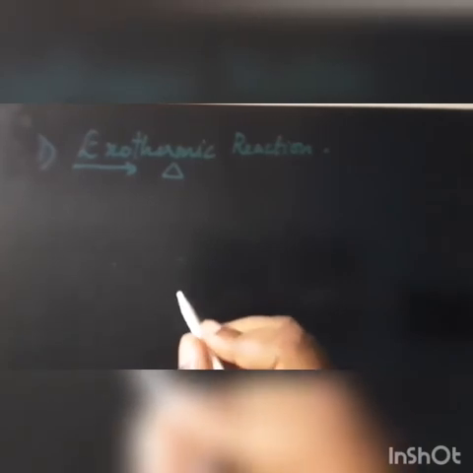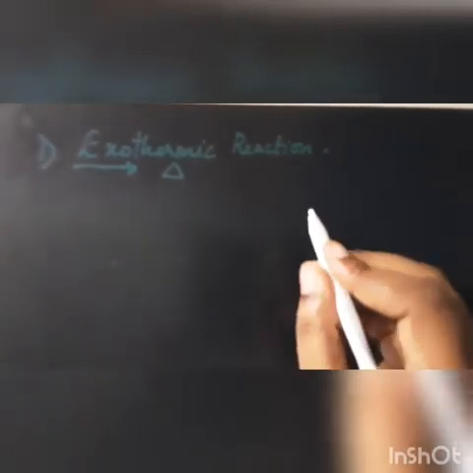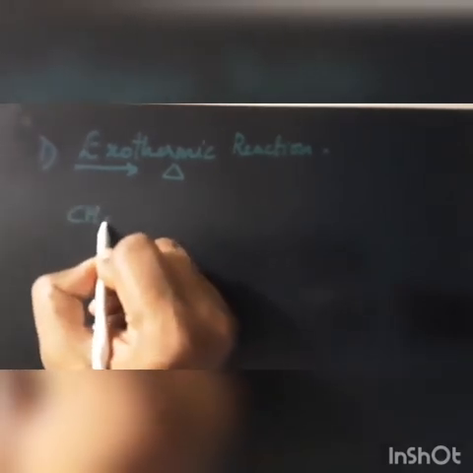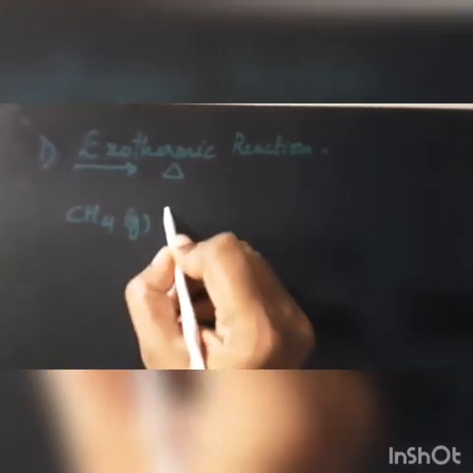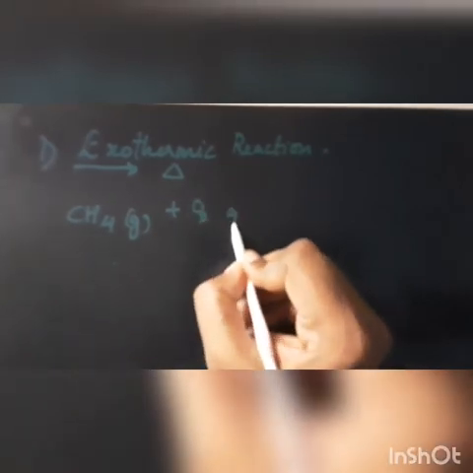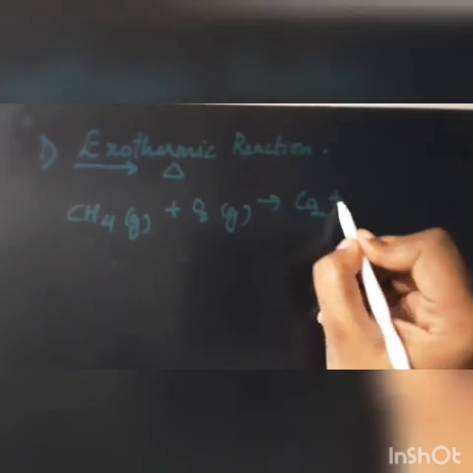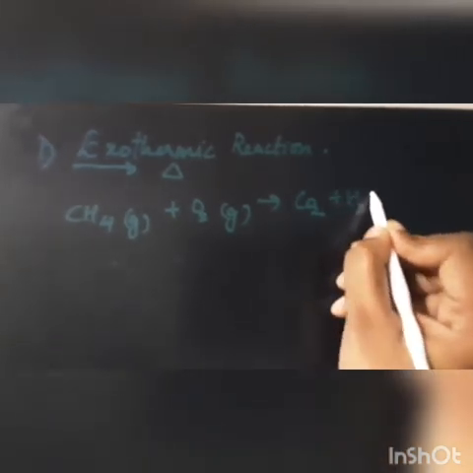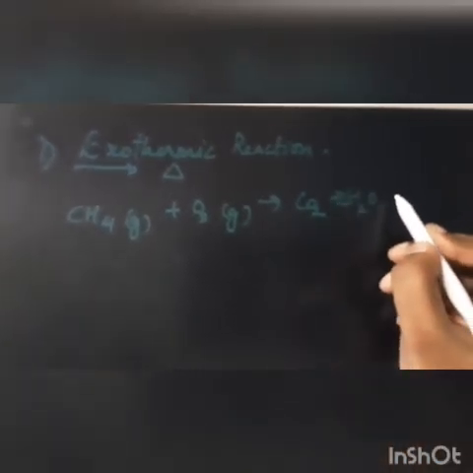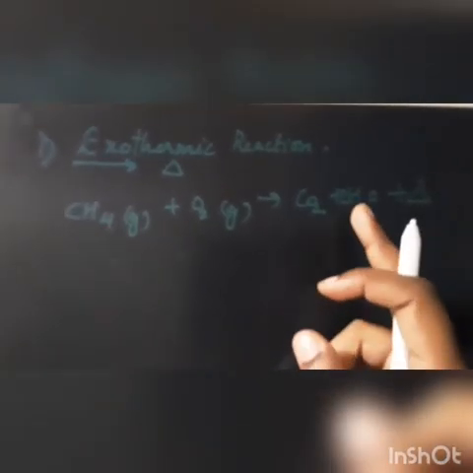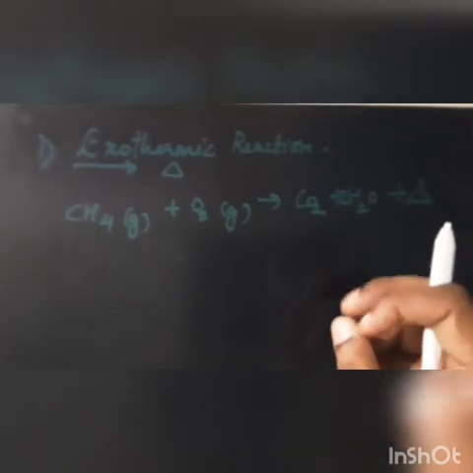So in an exothermic reaction, heat is produced. For example, methane gas combined with oxygen gas produces carbon dioxide plus water plus heat. If you touch this, you can feel the temperature.